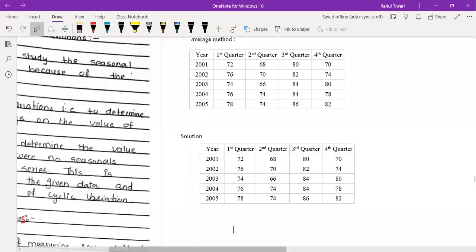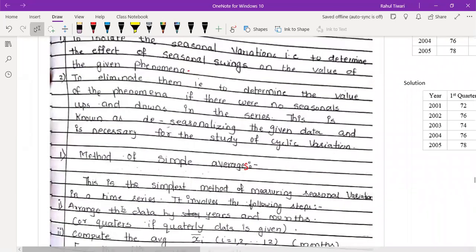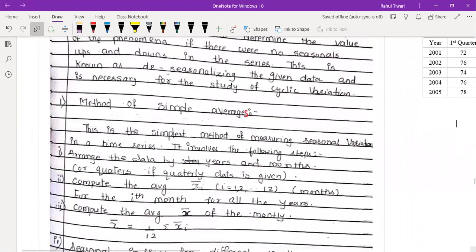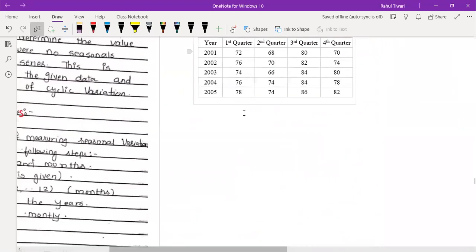What does the second step say? Calculate the average x bar i for the month. For monthly data i runs from 1 to 12, but since it is quarterly data, i takes values from 1 up to 4.